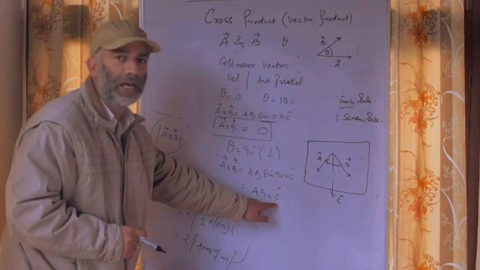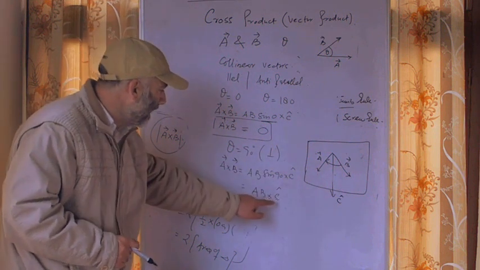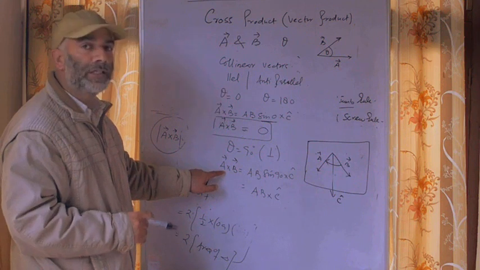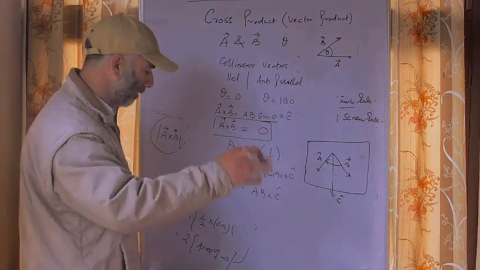It gives the direction of the resultant vector. So it is clear that the direction of the resultant vector is perpendicular to the plane containing A and B.